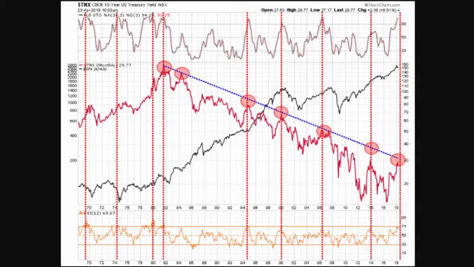This eventually translates into slower rates of economic growth, not to mention recessions, which ultimately translates into a repricing of equity valuation or stocks. And this chart here shows that every time interest rates have reached the top of that long-term downtrend, the market has been impacted within, say, the next 12-month period.